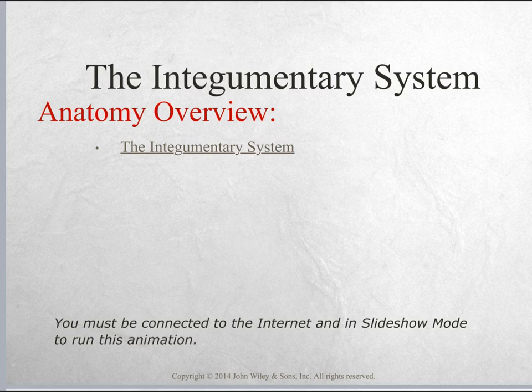So here we have a link. If you go on your PowerPoint slide and click on that Integumentary System link, it'll bring you to Wiley, which will give you a nice little video for the overview of the anatomy of the integumentary system. It's a nice little video slideshow animation that helps review and goes over everything that we've talked about in this lecture so far.